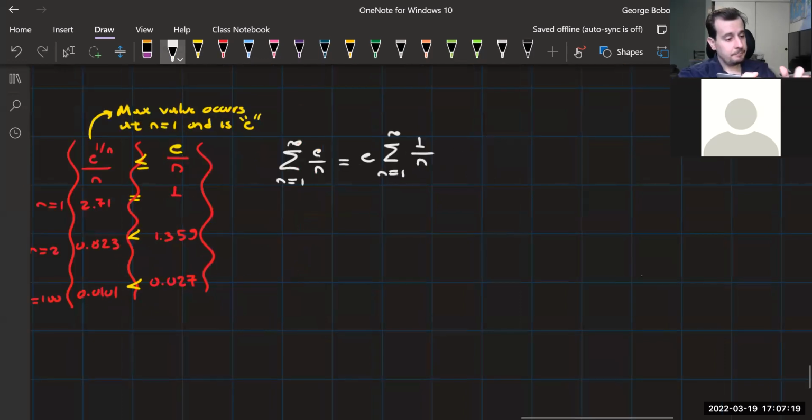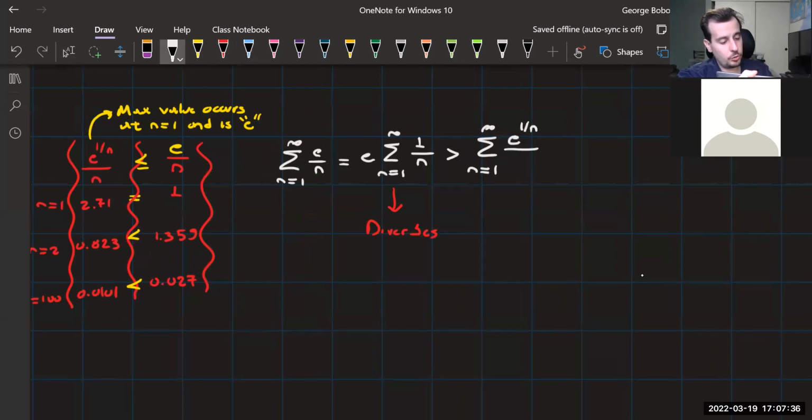Diverge. So this diverges. However, it was larger than this guy, and that means we are inconclusive. It's larger than our original, so this is inconclusive.